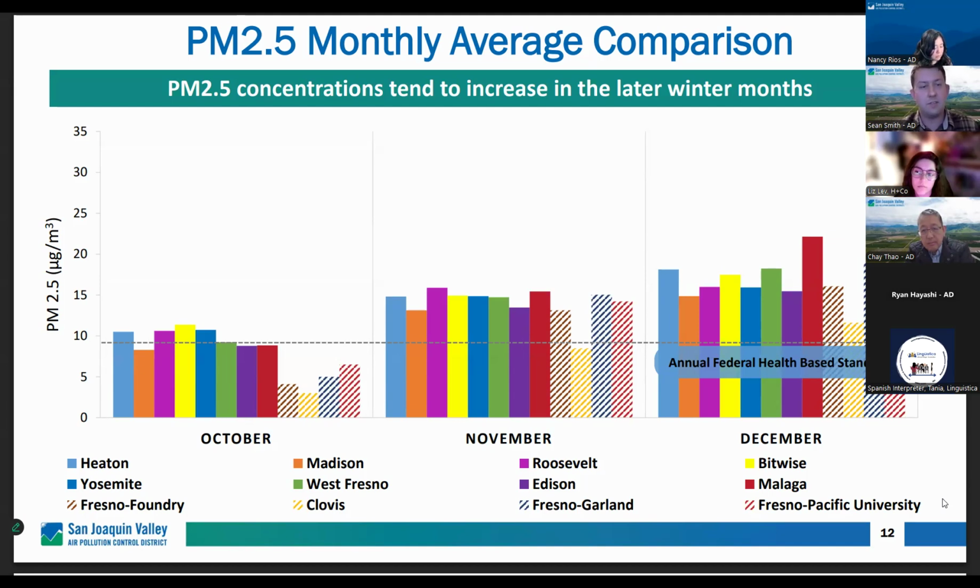You have the sites depicted in different colors versus each year. So this is specifically only looking at Q4 data for each site, averaged for each month. Concentrations are on the left-hand side, and it shows each month on the x-axis, in bins of October, November, and December.